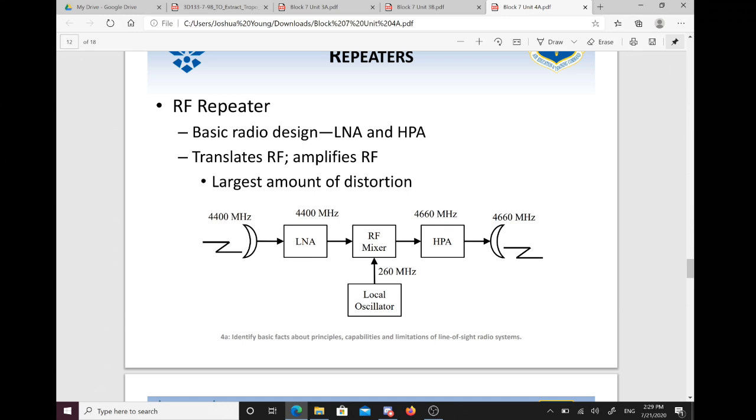And then instead of filtering that signal down, taking out distortion, trying to make it exactly what it needs to be, it just amplifies it again and then sends it right back out the next antenna to the next repeater or to your distant end. So because of that, this repeater introduces the largest amount of distortion.